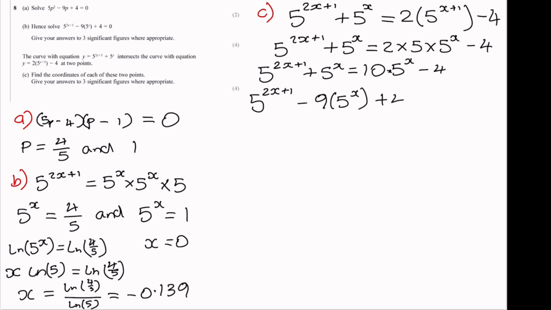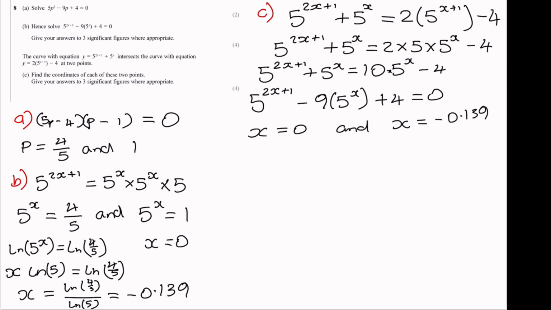So I take the minus 4 onto the other side as well, equal to 0. And now that equation there is exactly the same as part B. And we've already solved part B to get our two values of x. And we got x equals 0 and x equal to minus 0.139.